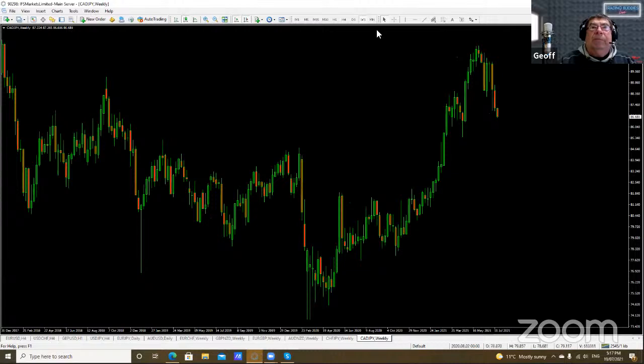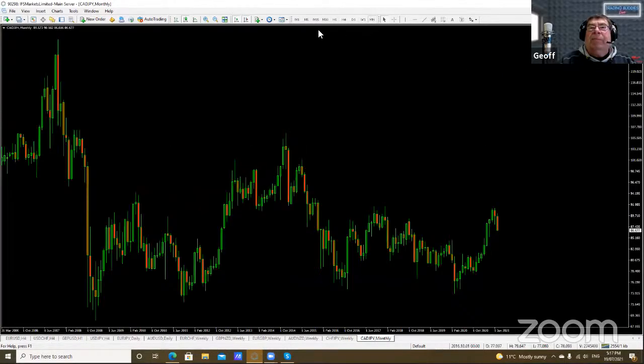Now, let me get this chart where I'd like it to be. So what's the major structure that I see on the chart? Is there a major structure? I'm struggling, I've got to say.